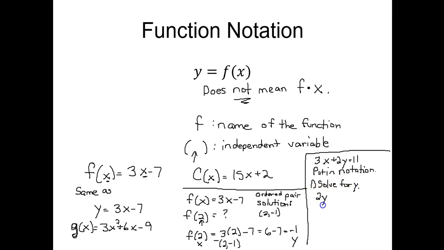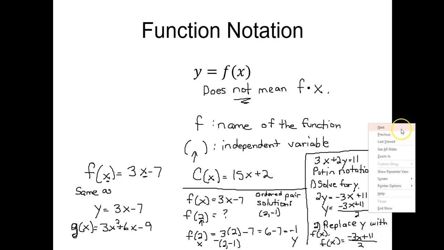So 2y equals -3x plus 11. y equals (-3x plus 11) over 2. And then replace y with f of x. So you have f of x equals (-3x plus 11) over 2.